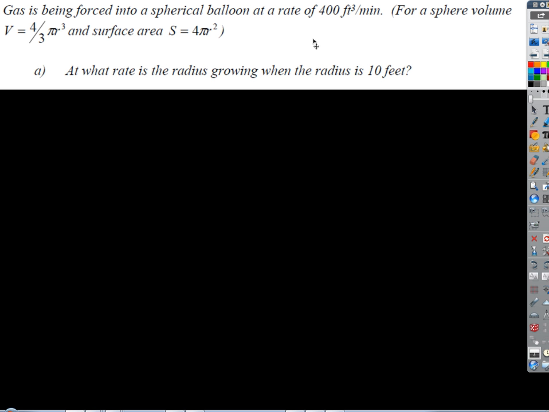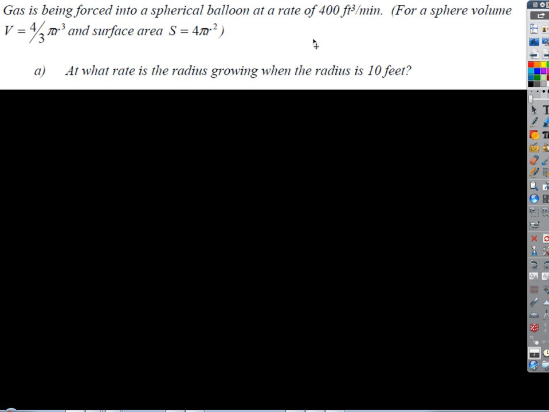A rate is a derivative, right? We're going to take the derivative of a quantity with respect to something, though. We have to measure the rate with respect to something. Does that make sense? For example, we could ask how fast the radius is growing with respect to something goofy like volume.